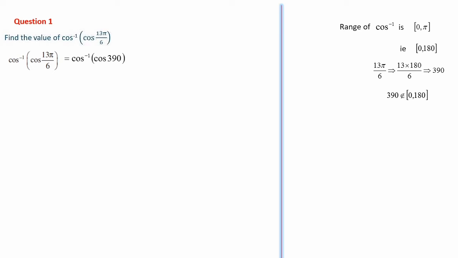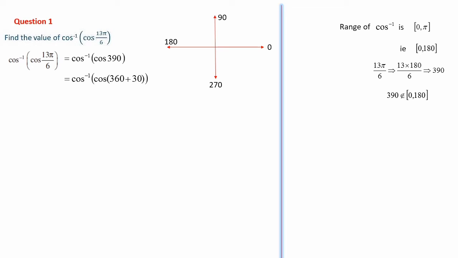So let's write cos inverse of cos 13 pi by 6 as 390. This 390 we can split as 360 plus 30. As we know that cos of 360 plus theta is cos theta itself, and we have to go for the sign convention, what the sign will be.